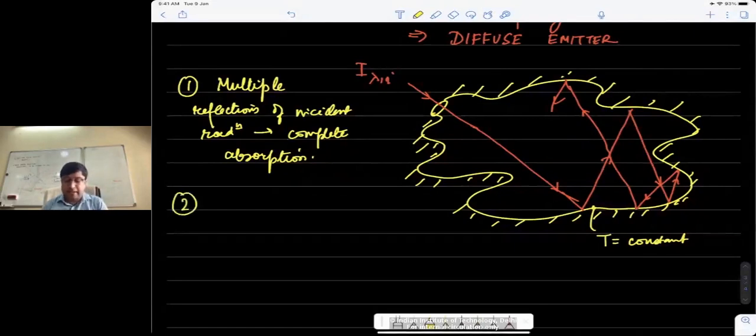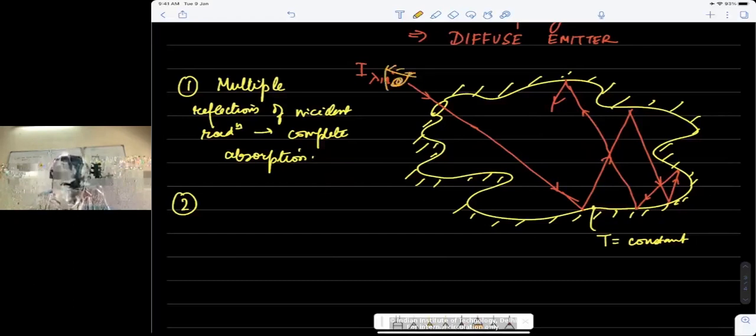The second concept, whether it's a perfect emitter or not, is that this cavity is at a constant temperature. Let's say as an observer you are sitting here, or you have a sensor to see what radiation emerges from this aperture.